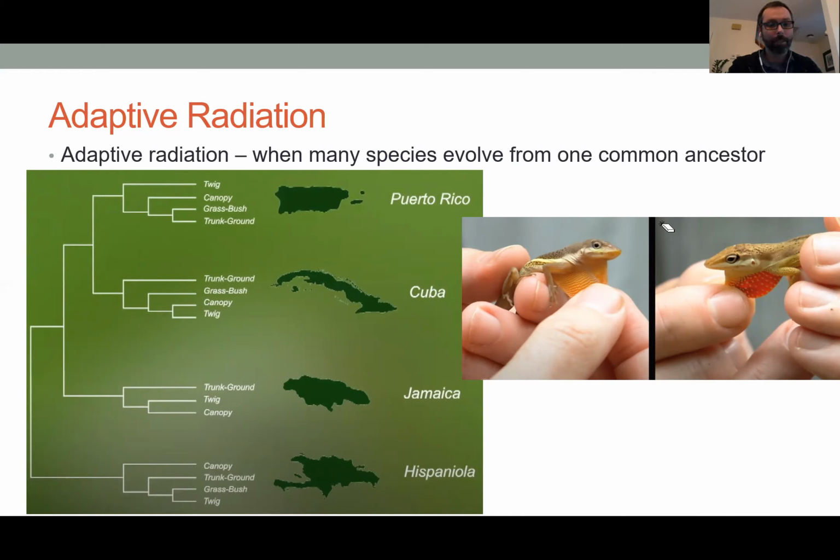Now, here's another one of these diagrams that shows the evolutionary tree. The important thing that they're trying to show is that the original came and then split into all the 4 different islands. And then on the islands, you have your own adaptive radiations, so that this island has its particular set of lizards that evolved for those particular microhabitats.